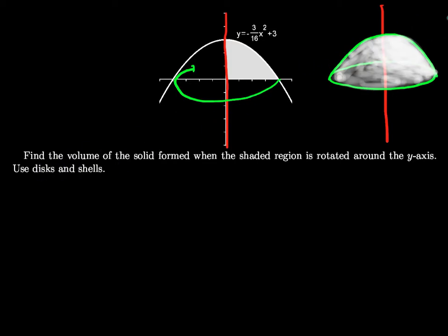We want to find the volume now using disks and shells. Let me first do this with disks. And there's a problem here. If I cut this into disks horizontally across the y-axis, I will get a shape like this.